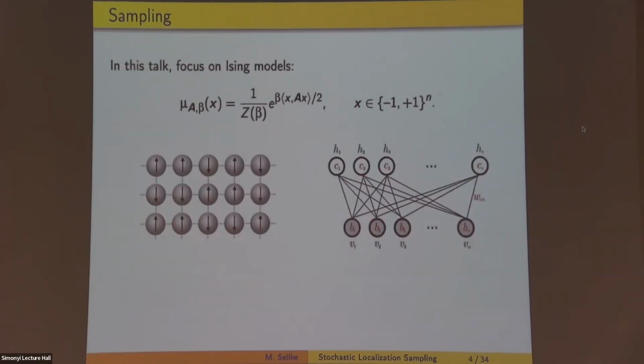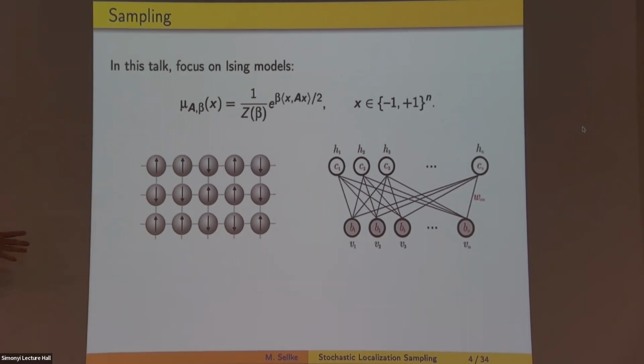Okay, we're going to focus on Ising models today. So these are going to be discrete distributions on the n-dimensional Boolean cube. And they'll be defined, as probably most of us know, by an interaction matrix A, which is n by n, and it's telling you how the different coordinates of x, how the different spins interact, according to this formula for the probability, up to a constant factor, to sample a given vector x.